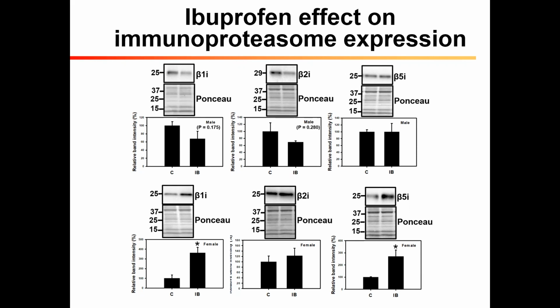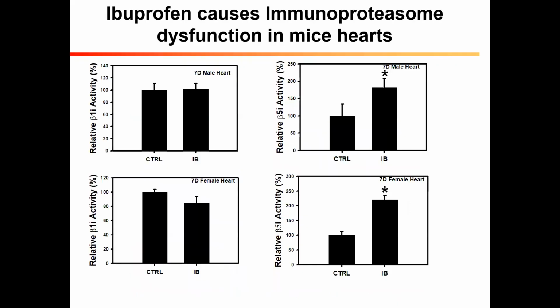Now, I didn't mention immunoproteasome before, so you may be confused. Proteasome and immunoproteasome, what's the difference? So the immunoproteasome is what is responsible for immune function. That is what it's classified for. I'll show you just now what we found in 2014. If we look at the beta-5i, you can see there in male and in female, the beta-5i is increased in both.